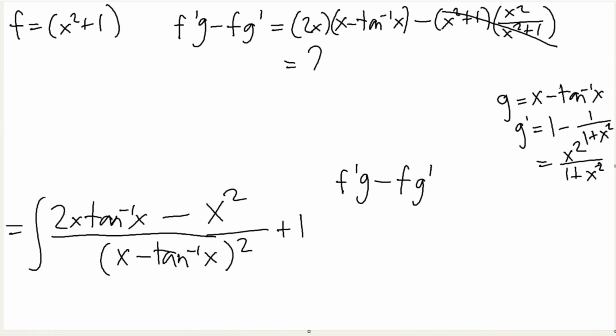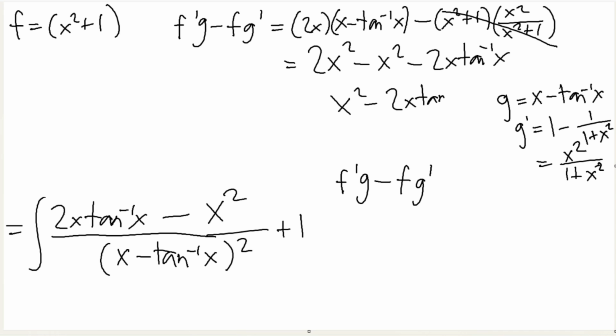So now we're left with 2x squared minus x squared minus 2x inverse tangent. So we get x squared minus 2x inverse tangent. But our numerator is the other way. Okay, so it works, we're just missing a negative. Got it. So our answer is negative f over g.